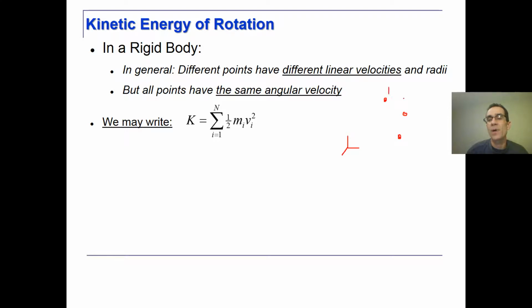Let's say this is particle 1, this is particle 2, this is particle 3. I can represent the position vectors of these particles, right? Let's say this is R1. Let's say this guy is R2. And let's say this is R3. Three position vectors, right?